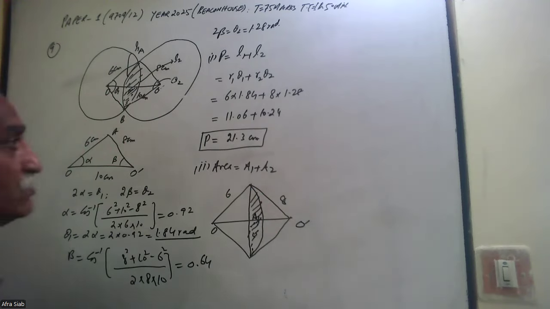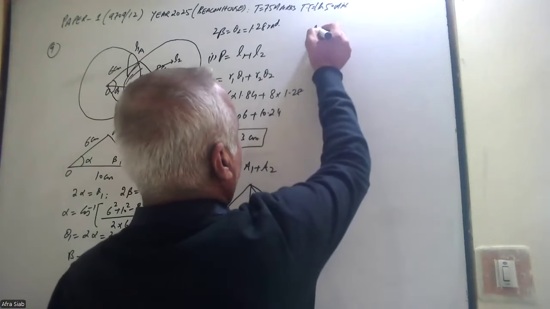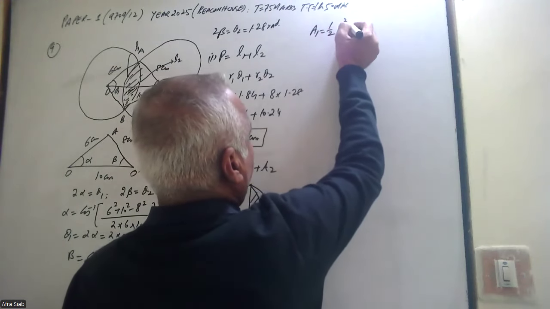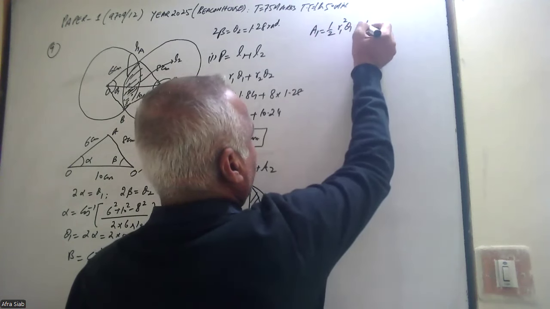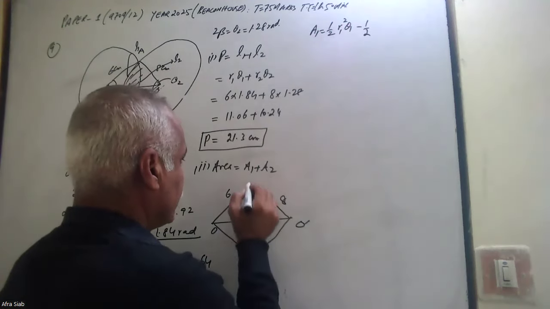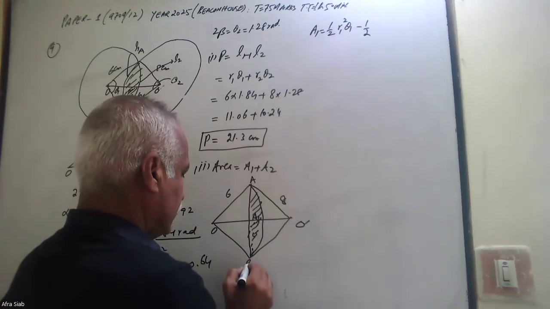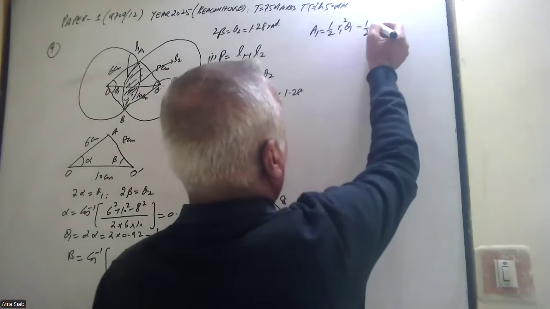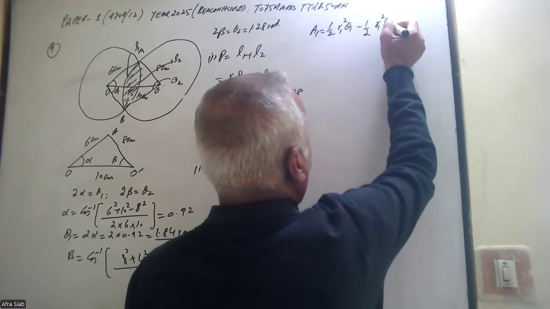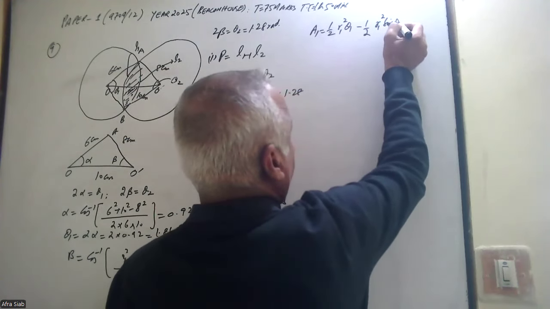So A1 is equal to half R1 square into theta 1 minus, it is a triangle formed on the side of that, so minus half R1 square into sine of theta 1.